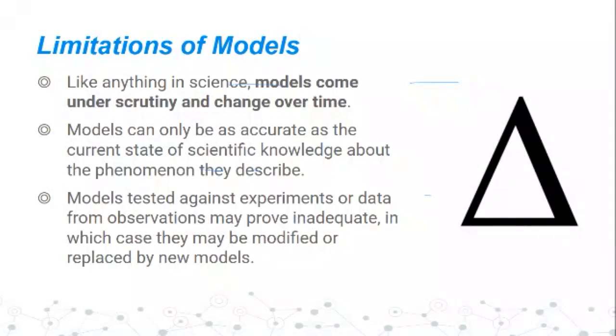So as scientific knowledge changes, even the models must be changed. Then, models tested against experiments or data from observation may prove inadequate, and in that case, they may need to be modified or replaced by new models.